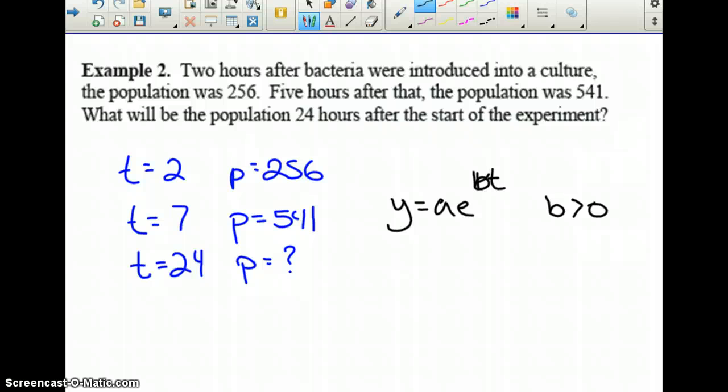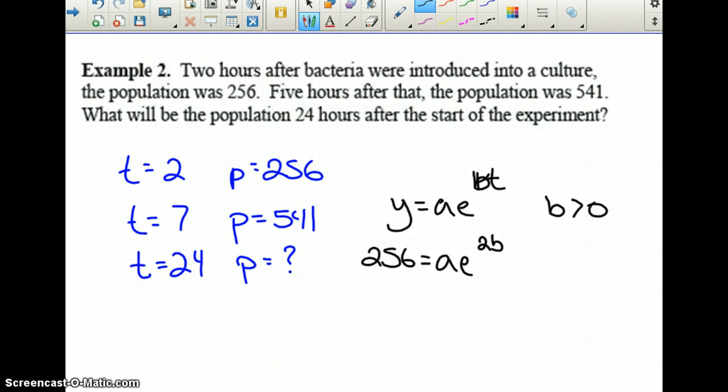So, we don't know what a is. We do know that when we have a e to the 2b, we have 256.